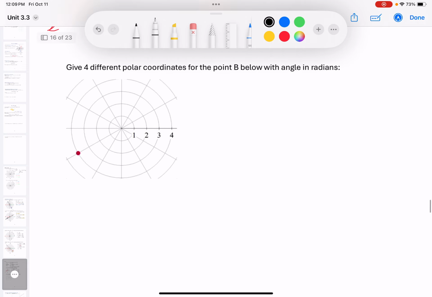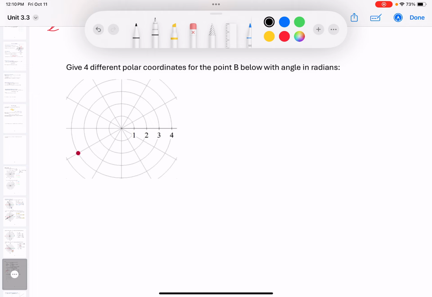So we need to find 4 different coordinate points for the point B with the angle in radians. Now, none of the points' coordinates is given. We only have 1 point on this polar coordinate plane.